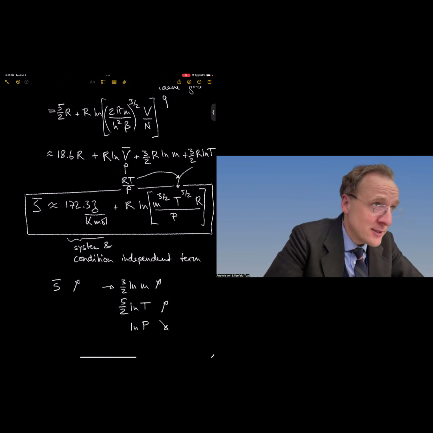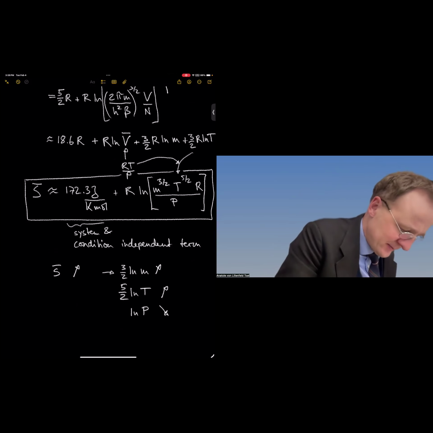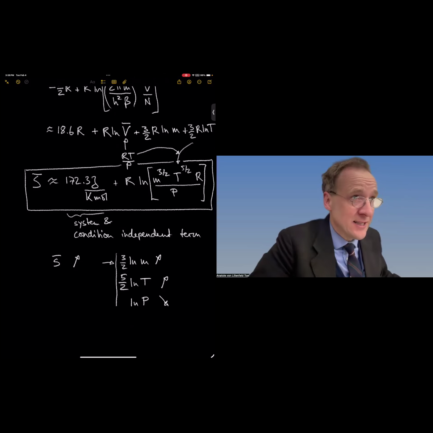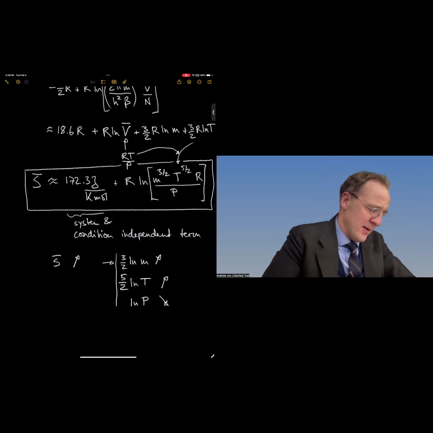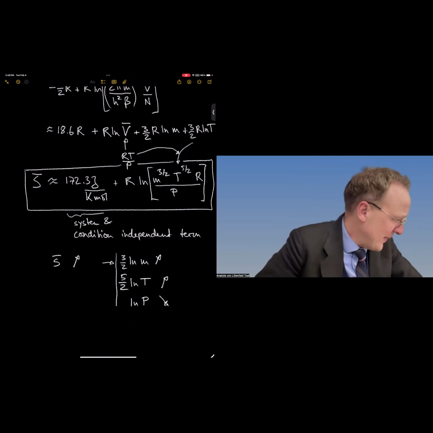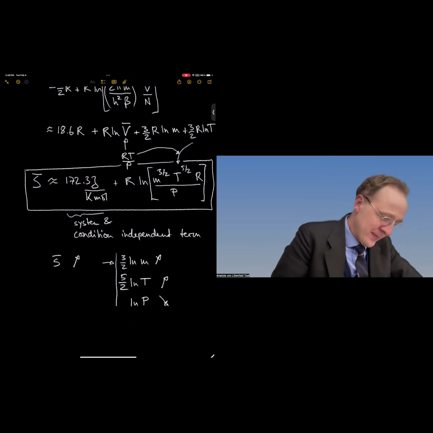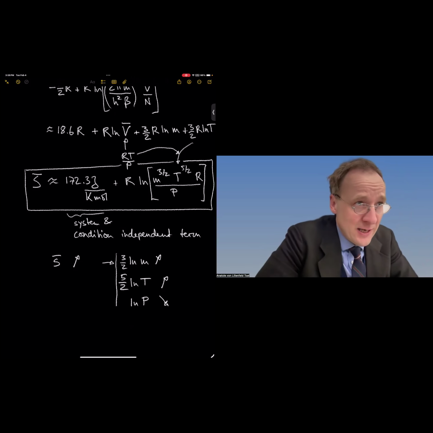So if your pressure goes down, your entropy goes up for the ideal gas law. Right? So this is a pretty neat result again, right? But it's approximate and based on the partition function of the ideal gas law. But nevertheless, you can immediately extract some intuitive notion here.